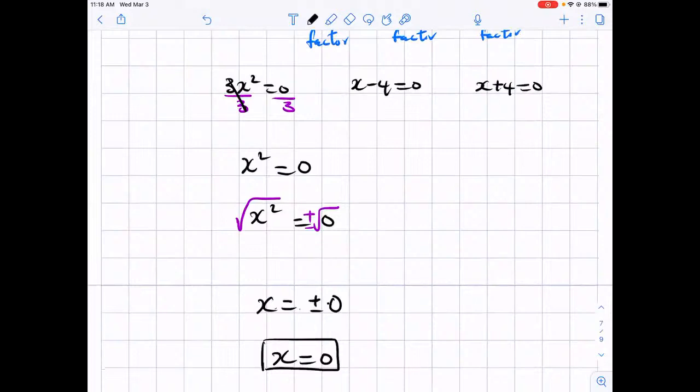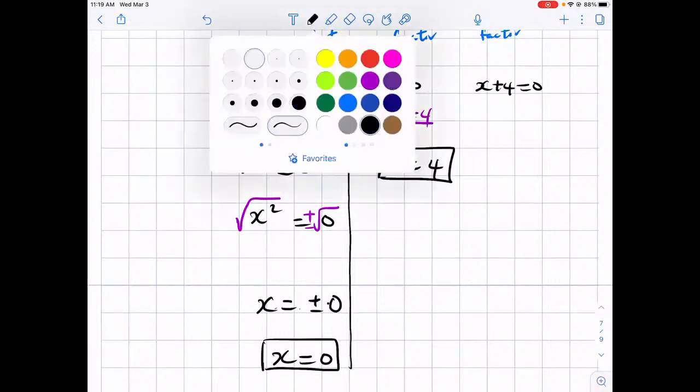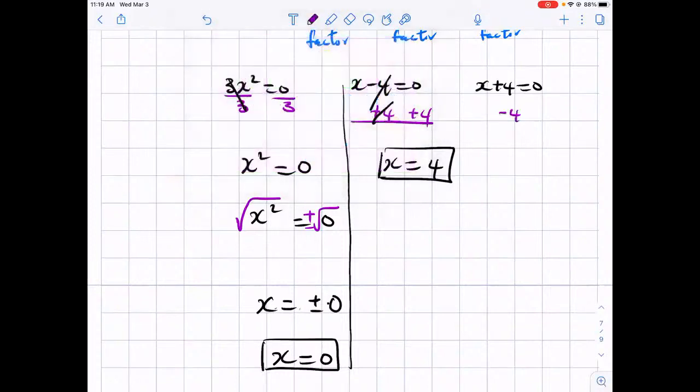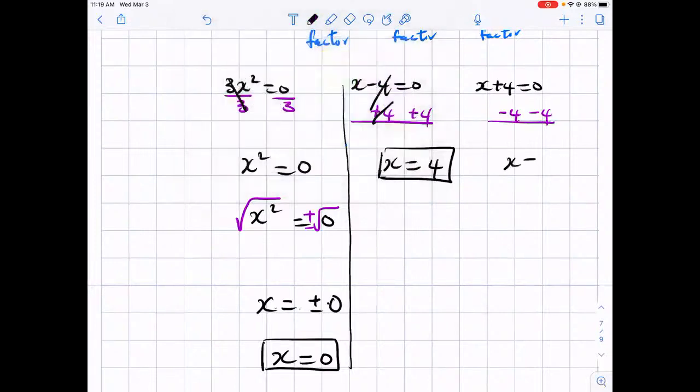If I do the same thing for the other two cases, we add 4. Here we have x is equal to, the minus 4 and the plus 4 cancel, so let's draw a line there to make sure it's 4. So here is the second answer. Then in my next scenario, we subtract 4 on both sides, so we have x is equal to, the plus 4 and the minus 4 cancel, so x is equal to negative 4.